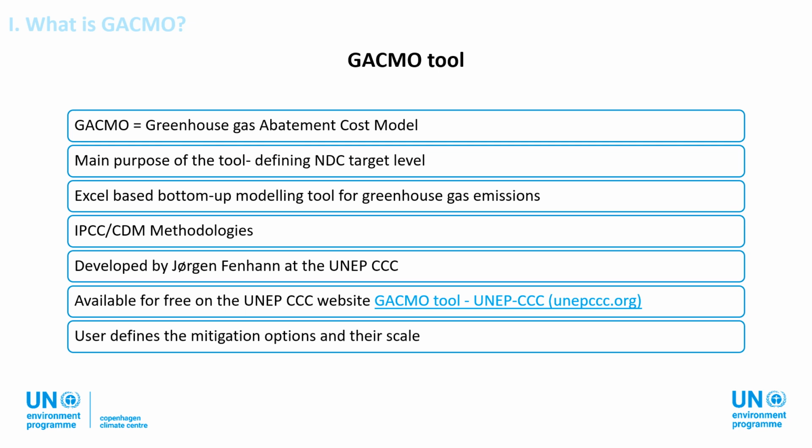It is based on the IPCC and CDM methodologies. Thus, the GACMO tool methodology is in line with the international methodologies for estimating GHG emissions. The tool is available for free on the UNEP Copenhagen Climate Center website. One of the main features of the tool is that the user defines mitigation options and their scale.